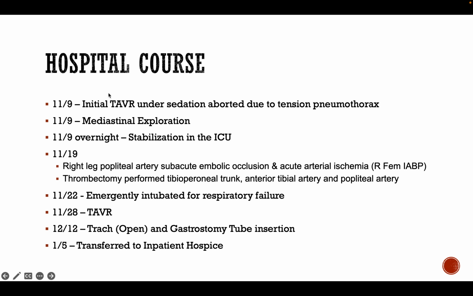She developed a prolonged hospital course and spent almost 2 months in the hospital prior to being discharged to hospice. After her stabilization from her 2 procedures on the 9th, a 10-day course ensued in the ICU, and the patient was found to have an ischemic leg, was improving, came back to the ICU. 3 days later she was emergently intubated for respiratory failure, and eventually was kept intubated, and she underwent her TAVR at the end of the month.